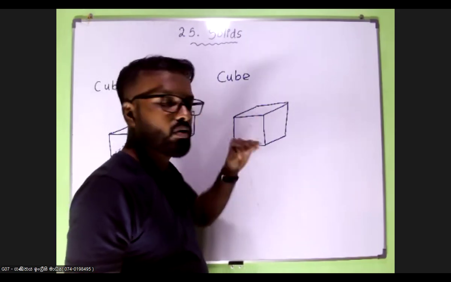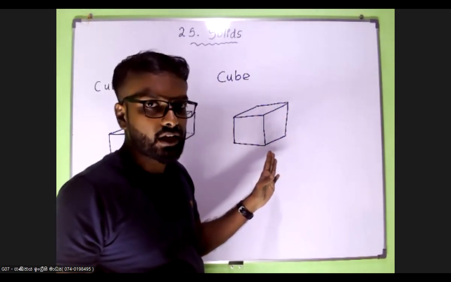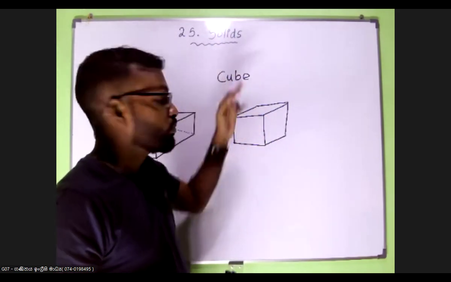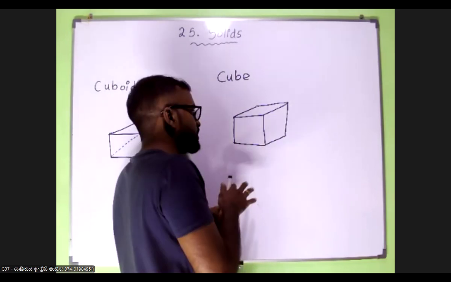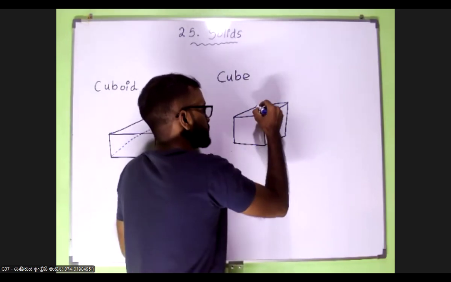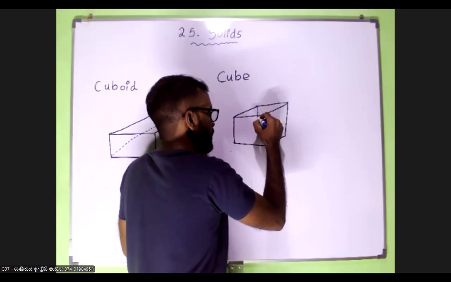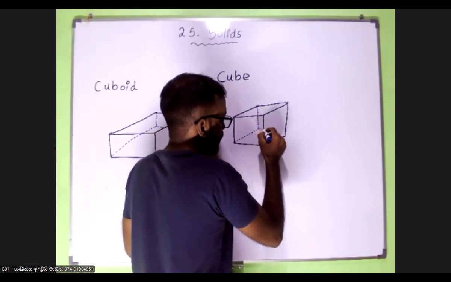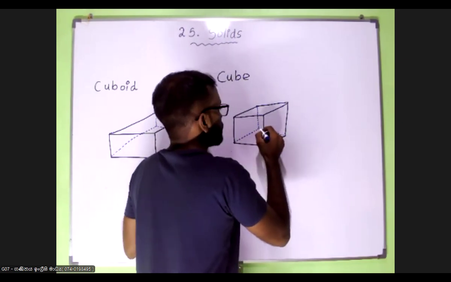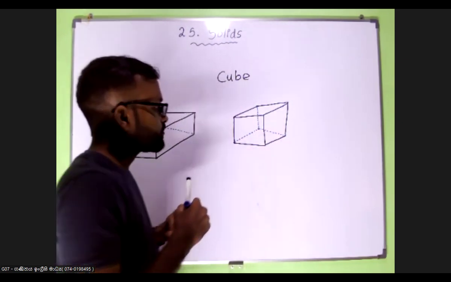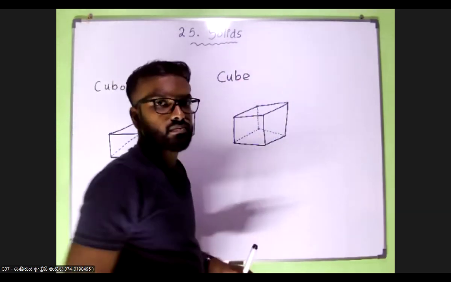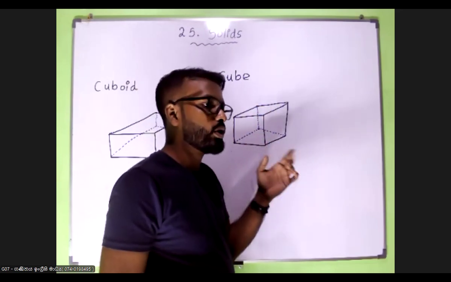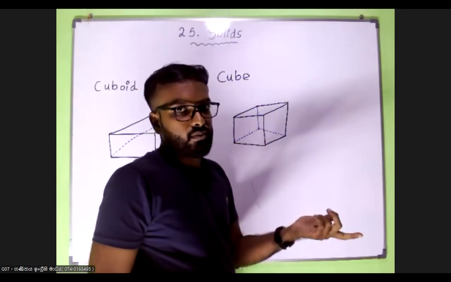All the lengths are equal for a cube. I will draw the other sides as well. These sides cannot be seen. There are 6 sides for a cube as well. You need to remember the cubic die.